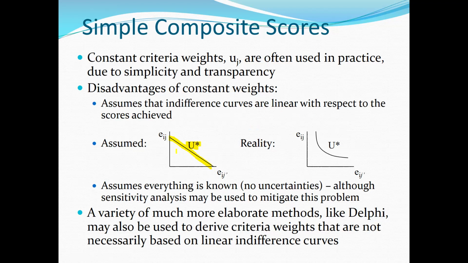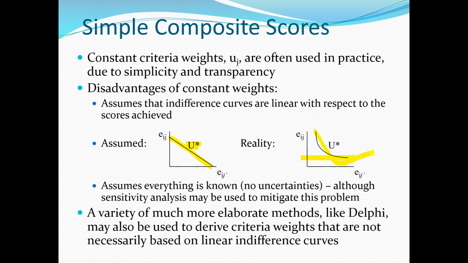The weight that you assign to those two different criteria could remain the same if you're assuming a constant criteria weight. But reality is that criteria weight might not be constant. They might look like this. Those criteria weights might change, something like this.